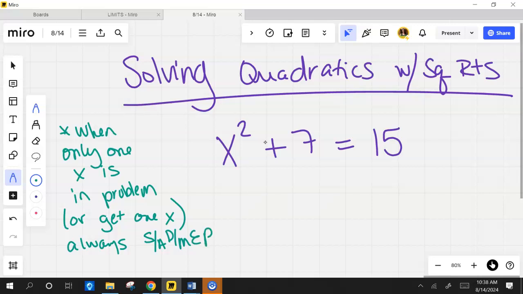Sad math. What is sad math? It's the backwards order of operations. I hope whoever taught you to solve equations at least taught you this, right?